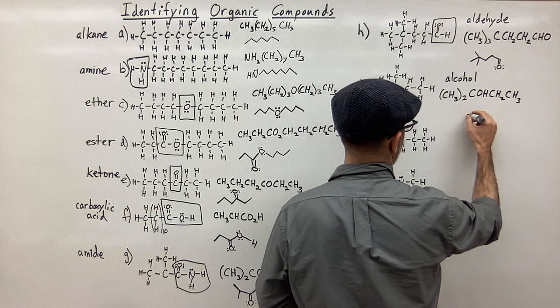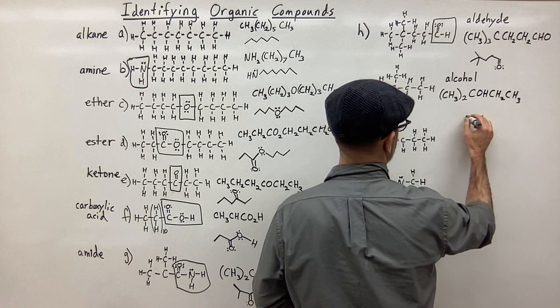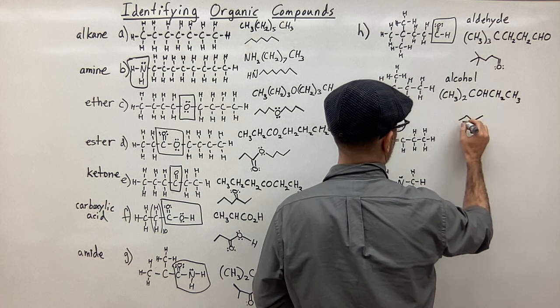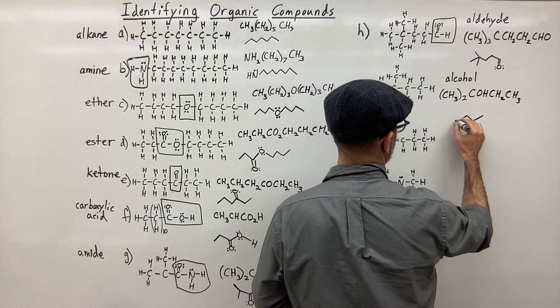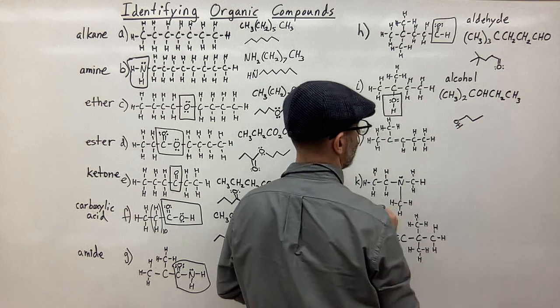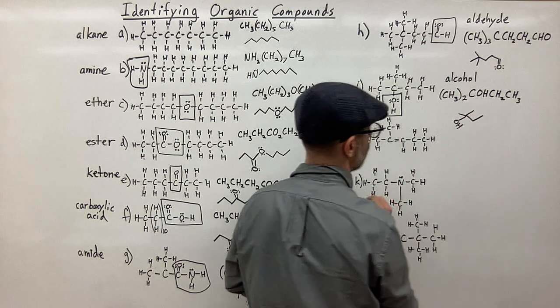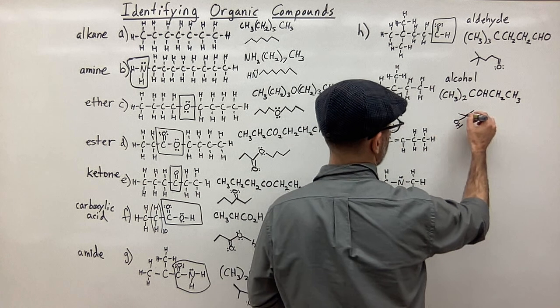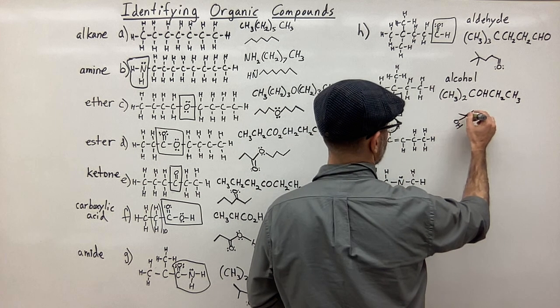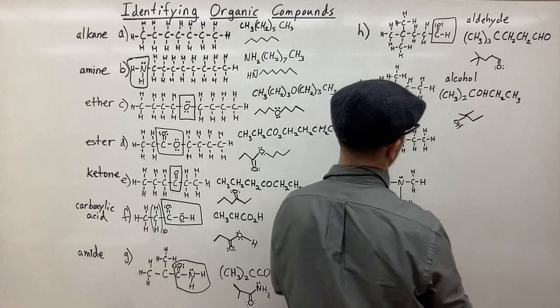And then off of this carbon, you have the alcohol group, which would be OH. I'll do it like that. OH, and then you have your 2 methyl groups off of that one. This kind of is the way you would do that.